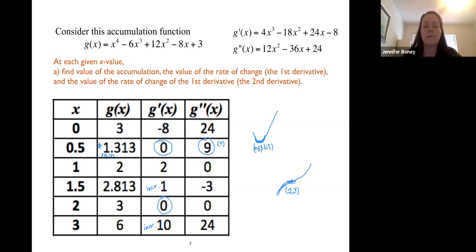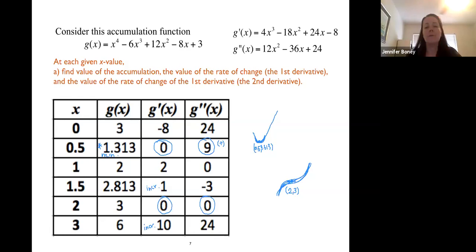So when the first derivative is 0 here, it happened to be a minimum. You can tell kind of from this, and also from the fact that this is positive. The second derivative can tell us about curvature of the original graph. Well, our curvature here is turned up, here is turned up, here's a mystery. Here is turned down, here is turned up.